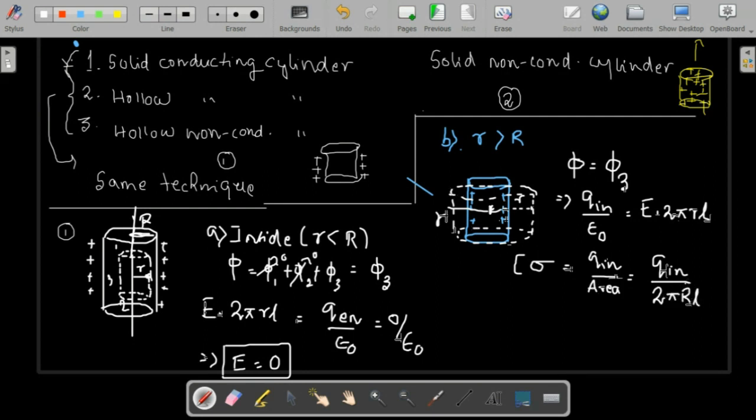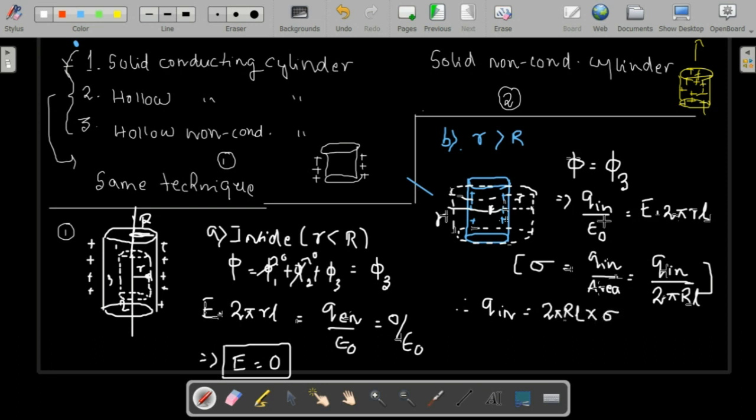Please remember this, don't get confused here. Length, I'm saying both same, both Gaussian surface and the cylinder, but when we are actually looking into the charge density, the charge is only distributed on the real cylinder. So if you want to find out the charge inside, it is nothing but 2 pi capital R L into sigma.